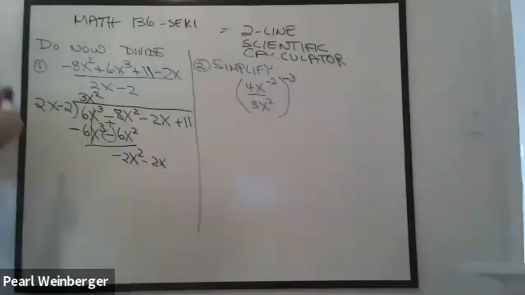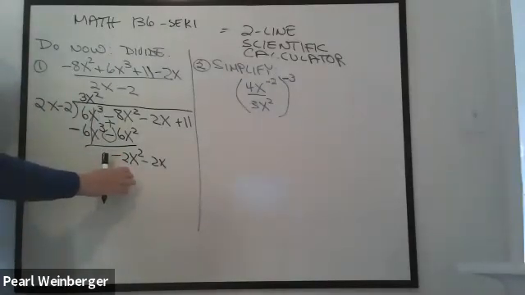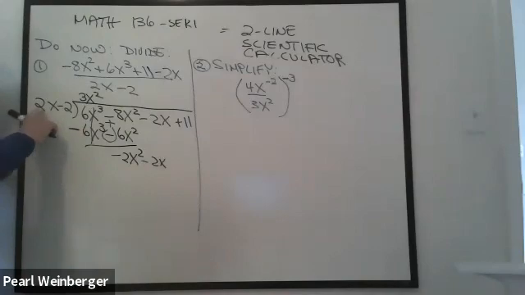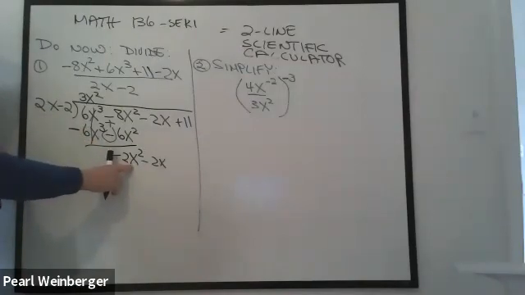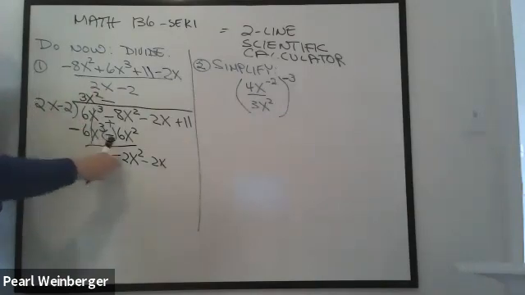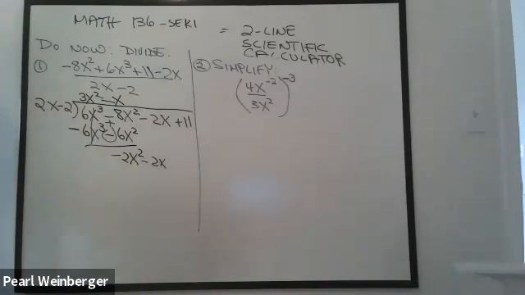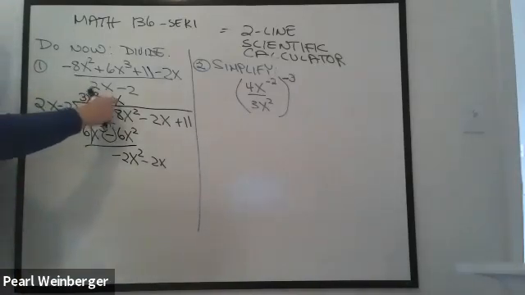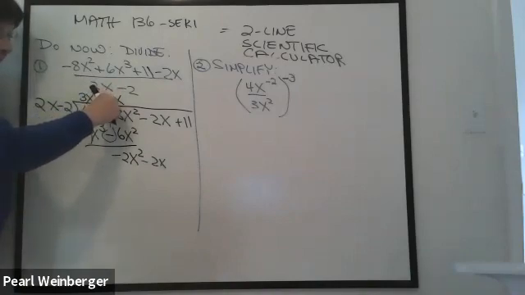And start the process again by taking the first term and dividing it into the first term. So 2x into negative 2x squared gives me negative, well, the 2's cancel out, and x into x squared is x. So it just gives me negative x. I put that negative x on top, and now I multiply by what I just put on top, which is the negative x.